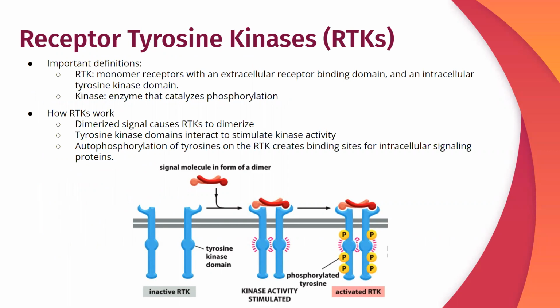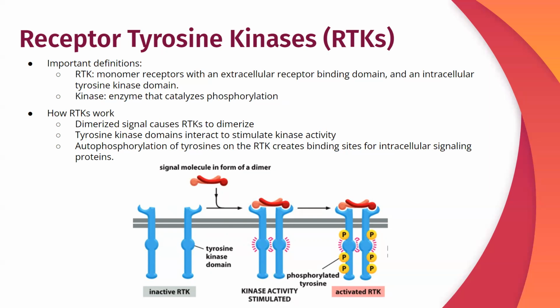So first off, what RTKs are. They're monomer receptors. That's the full definition for it. Monomer receptors with an extracellular receptor binding domain and intracellular tyrosine kinase domain. What does that mean? It has a receptor outside the cell, and it has kinase activity at the bottom.